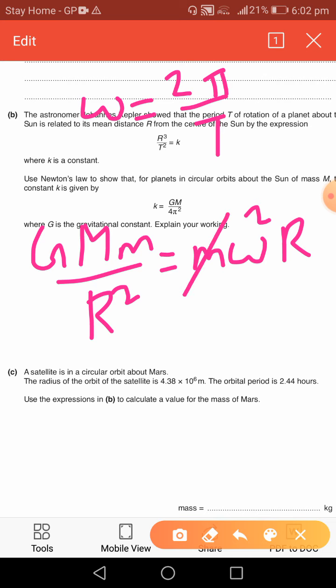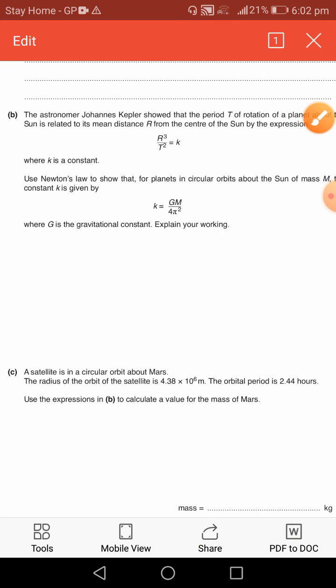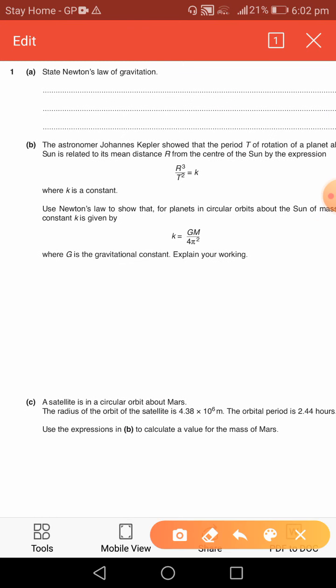So m gets cancelled out, and you put the value of omega here. GM by r square would be equal to omega square r. So GM is equal to omega square r cube.